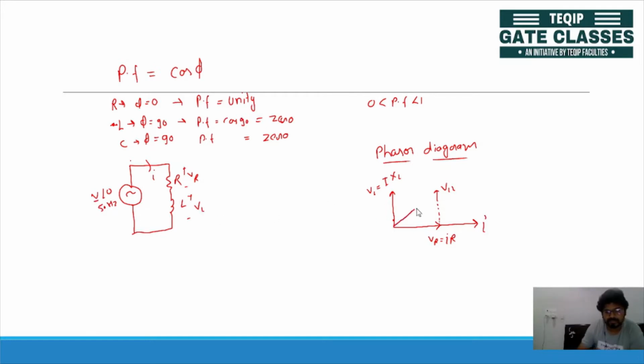This is the angle between the final voltage and current, and this is your power factor angle phi. So it is clear that the current is lagging the voltage by some angle phi because it is an inductive circuit, not purely inductive, a mixed circuit, but it is an inductive circuit.